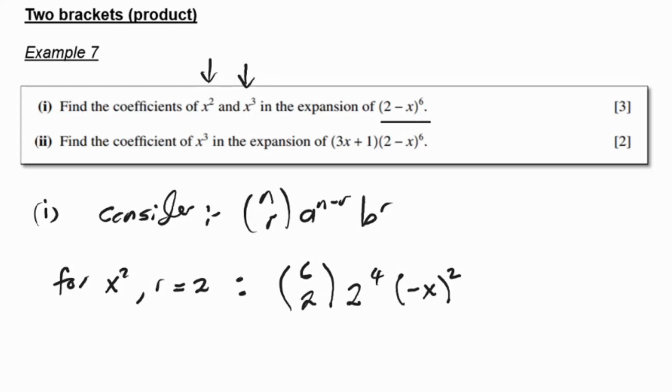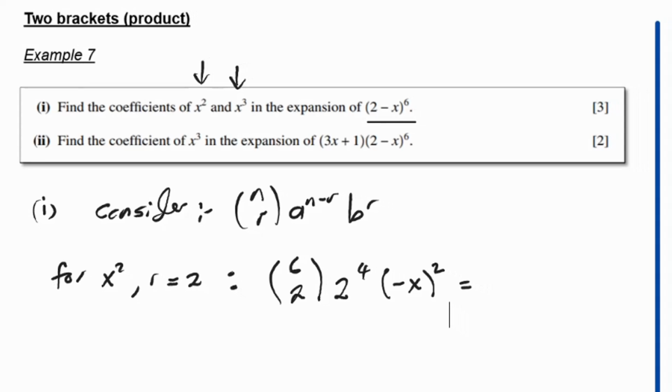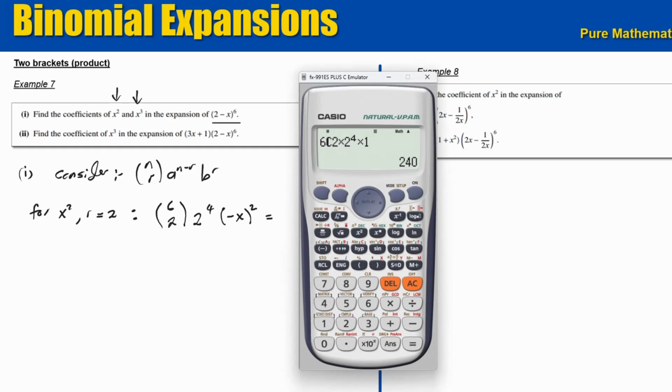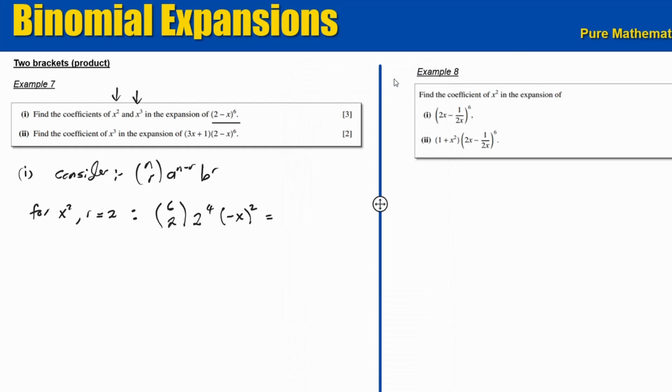If we do the calculation, that's 6 choose 2, times 2 to the power of 4, and times negative 1 squared. So this gives us 240 here. So we get 240 x squared. So therefore the coefficient as required is 240.